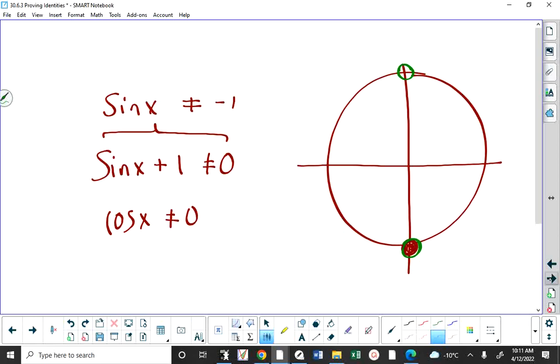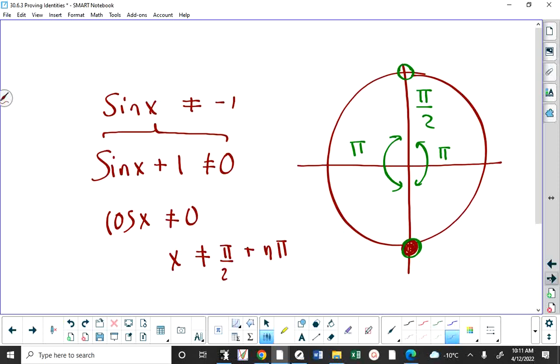Well, we can say that it's pi over 2 plus or minus multiples of pi. I don't think that would be what we would write for an answer. I'm just indicating on my diagram why we can write for non-permissible values x is not equal to pi over 2 plus multiples of pi.